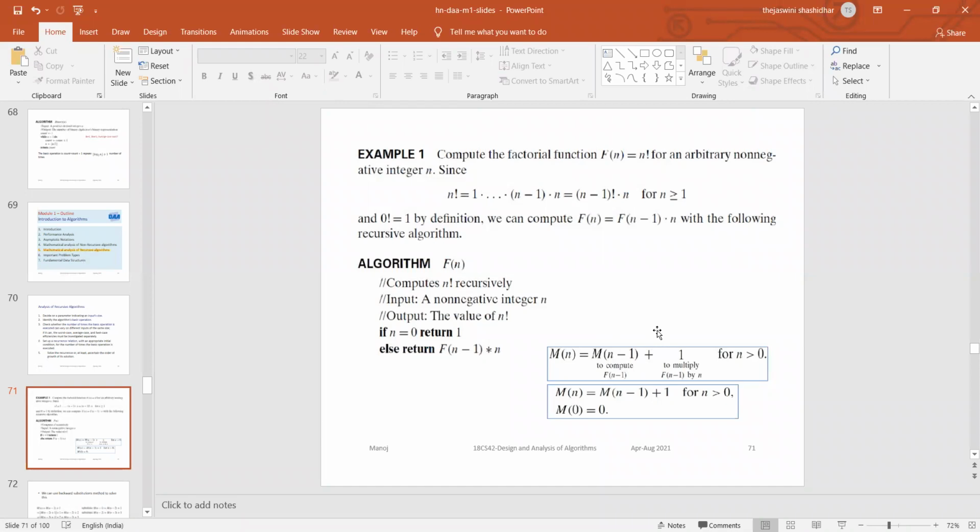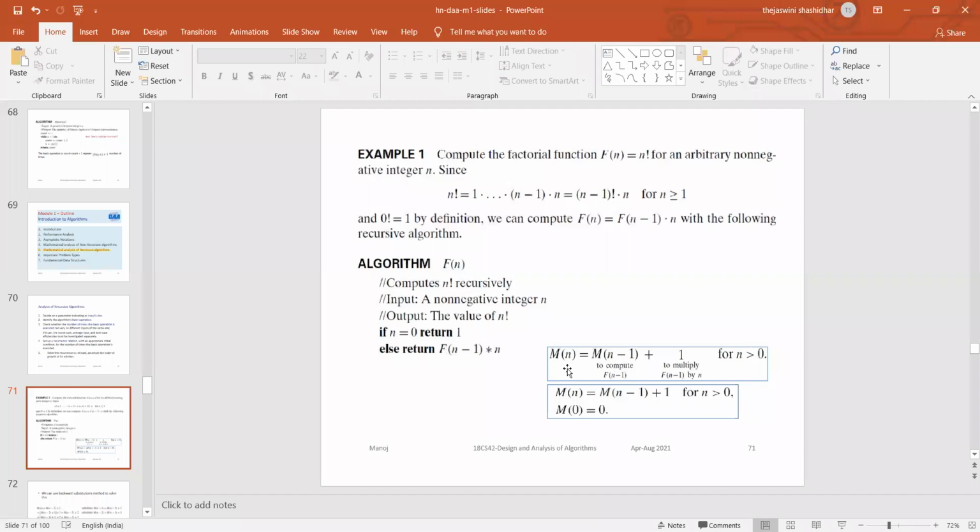So m of n minus 1 plus 1. In place of n, you have to go with 1. Why should you place 1 in place of n? Because this is the formula for n greater than or equal to 1. So we give 1 to multiply f of n minus 1 by n for n greater than 0.